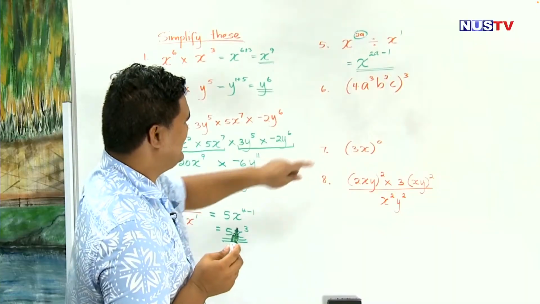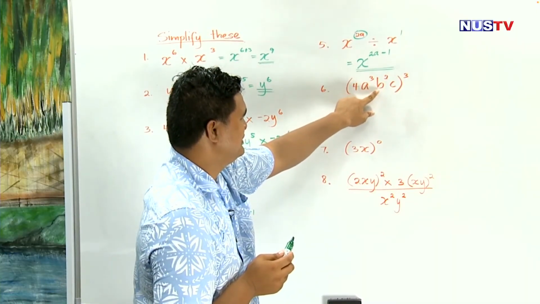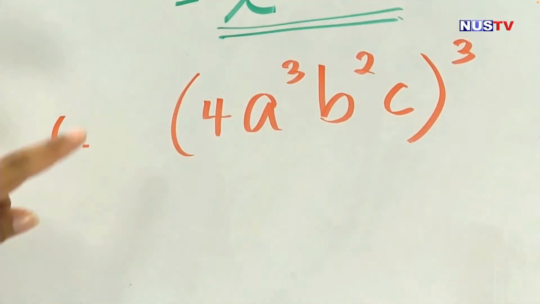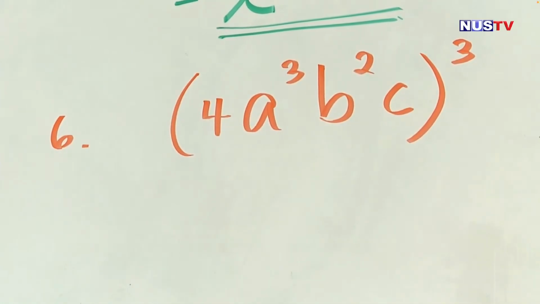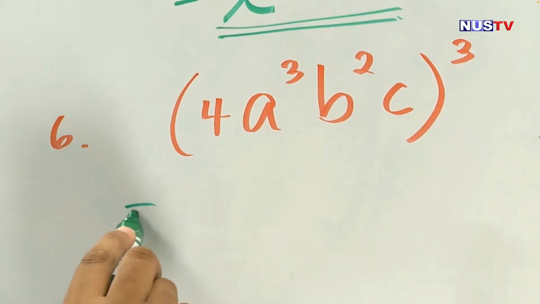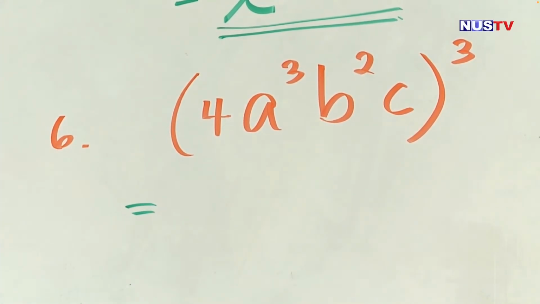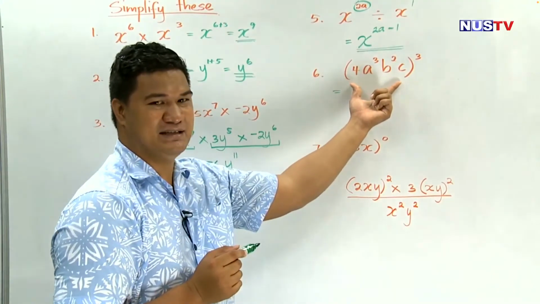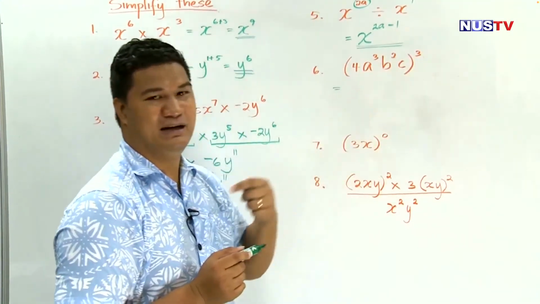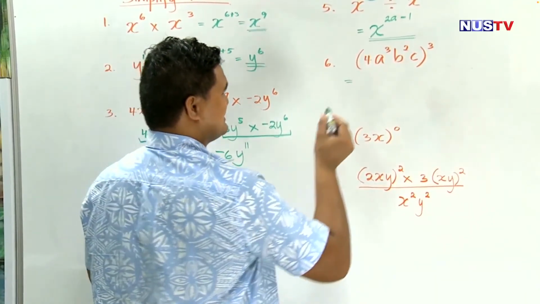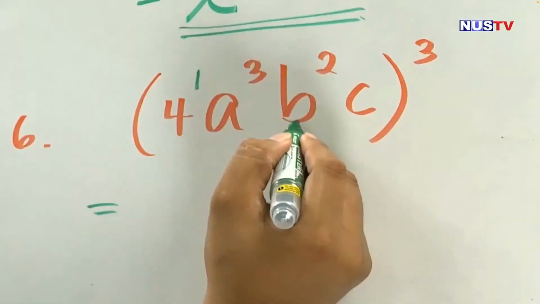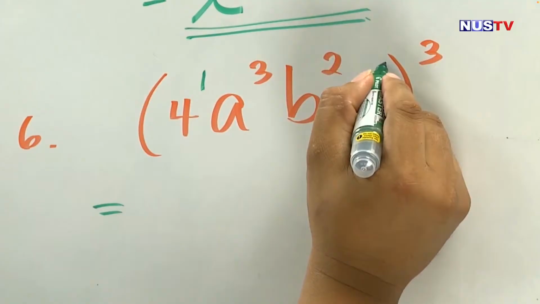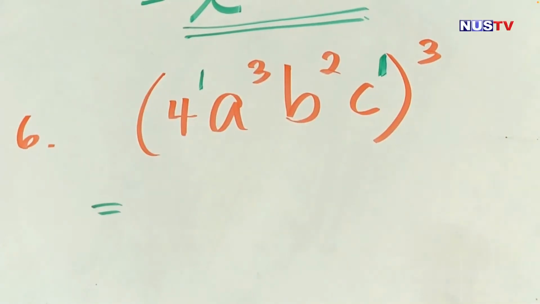The next one, we have 4a cubed b squared c, and all of that will be raised to a power of 3. Let's have a breakdown of this situation. All the terms inside the bracket will be raised to the power outside the bracket. So 4 is to the power of 1, a to the power of 3, b to the power of 2, and c to the power of 1.